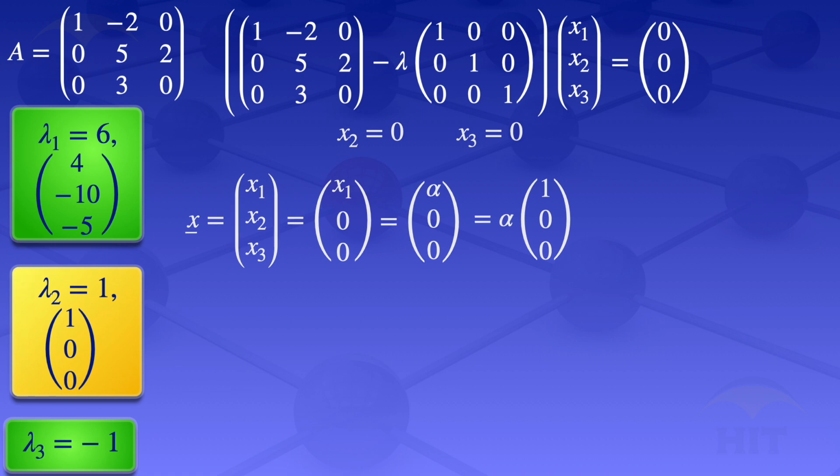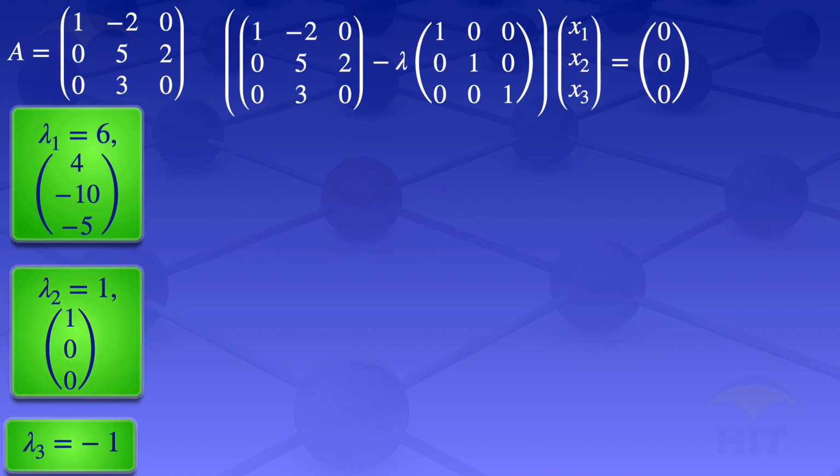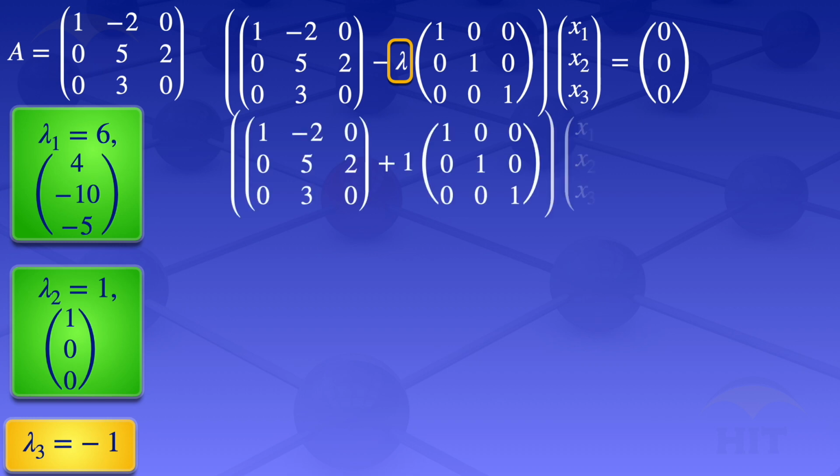Now move on to the third one there, for lambda equals to minus 1. Substitute minus 1 here. So when you substitute minus 1, it will result in a plus there. So we'd have the matrix A plus the identity matrix multiplied by the column vector X is equals to the 0 vector.